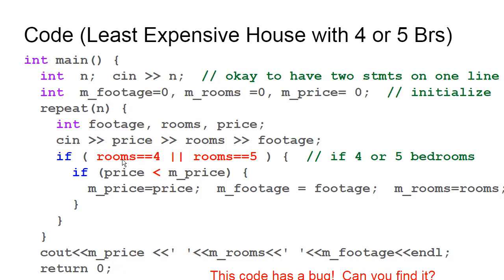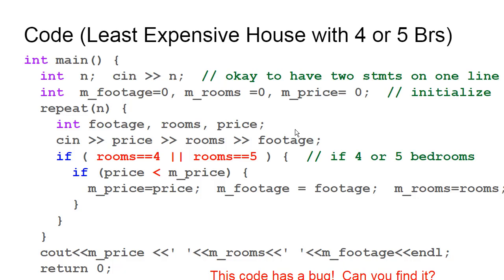So it's the number of bedrooms equals 4 or the number of bedrooms equals 5, and we switch the order. So now if the current price is less than the stored price, we will do the assignment. If you haven't found the bug, I suggest you pause the video to find it.